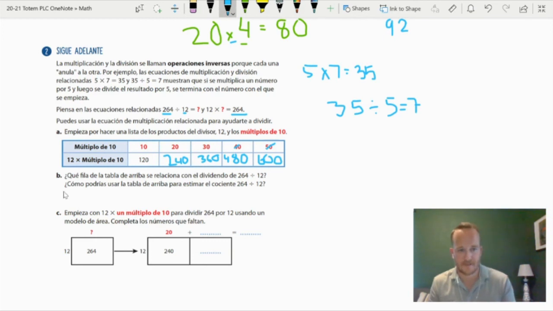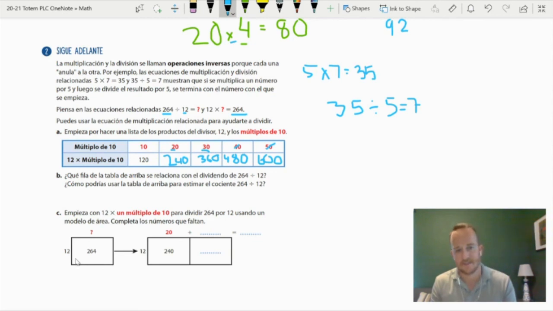Y eso es la respuesta aquí: qué fila de la tabla de arriba se relaciona con el dividendo de 264 entre 12. ¿Y cómo podrías usar la tabla? Pues ya decimos que nuestra respuesta va a ser entre 20 y 30. Y aquí es como usar unas cajitas para averiguar la respuesta, ¿ok?